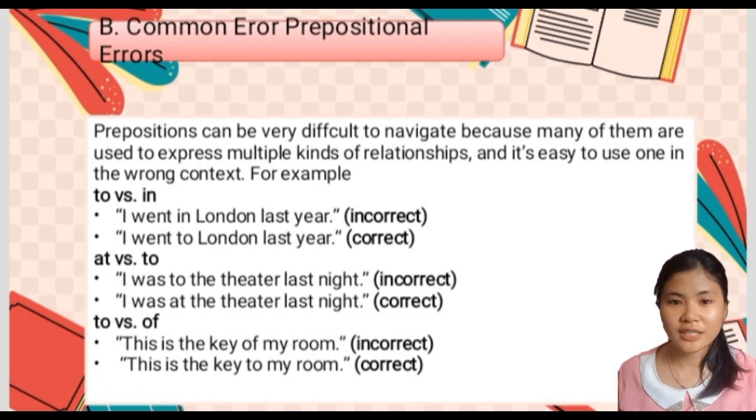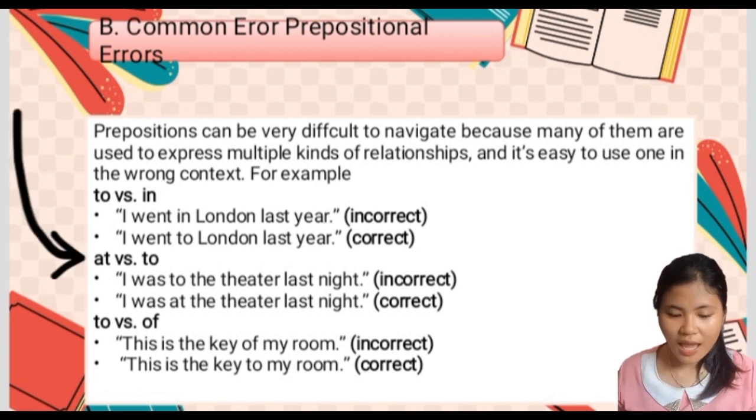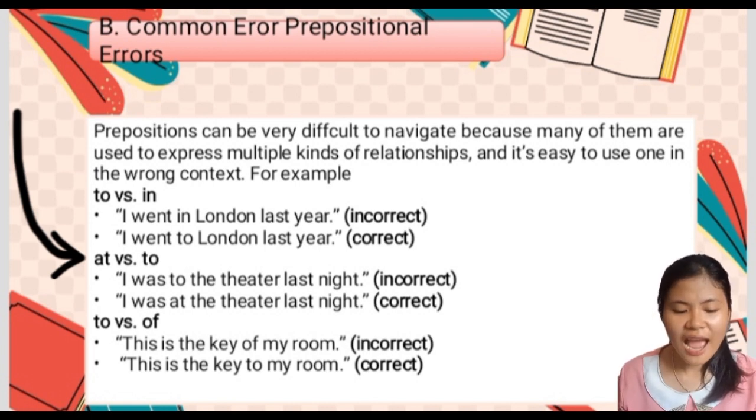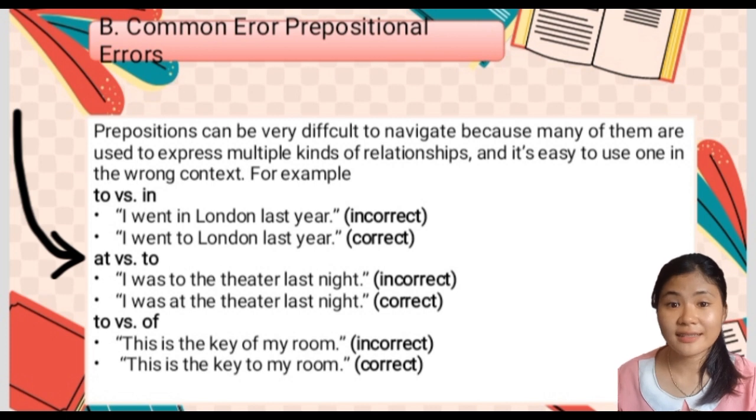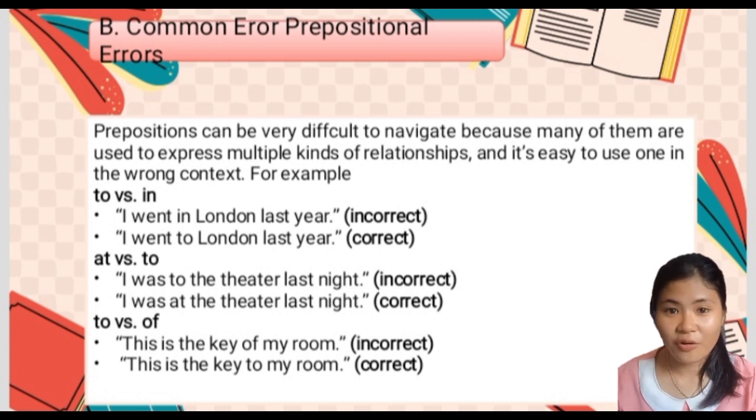Let's see the second example. To versus at. The first sentence, I was to the theater last night. In this sentence, it uses to as a preposition, but the sentence is incorrect. Remember that to is used to describe movement from one location to another location.